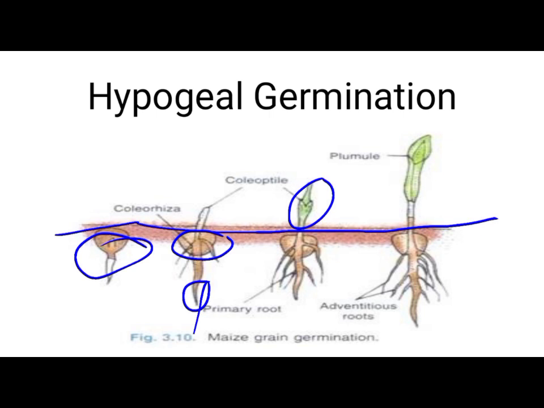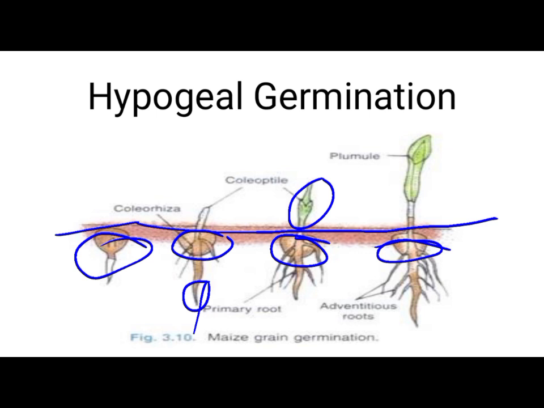See the coleoptile that I said will protect the emerging shoot. Meanwhile, the seed remains below the soil. That's hypogeal germination.